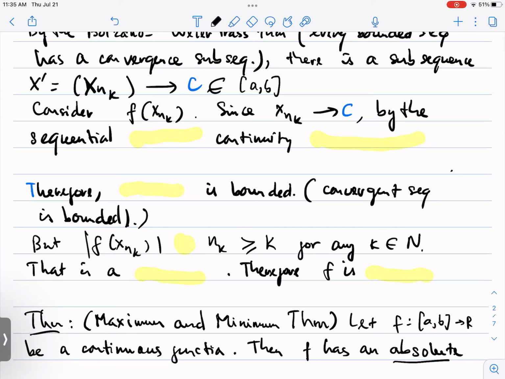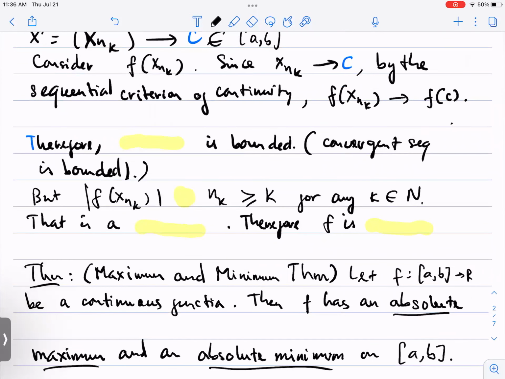Since x_nk approaches C, by the sequential criterion of continuity, we have that f of x_nk must approach f of C. That's what continuity is about. It translates a limit from the level of the input to the level of the output.